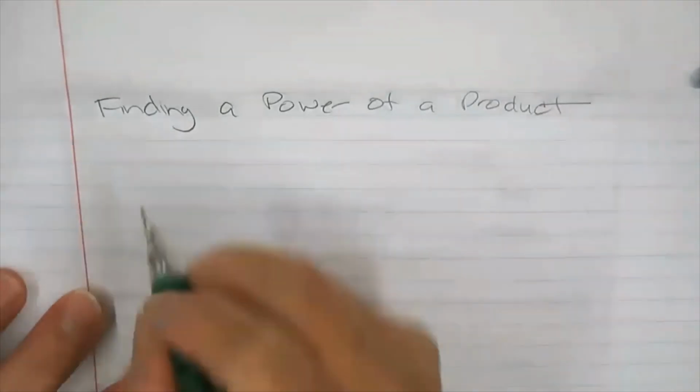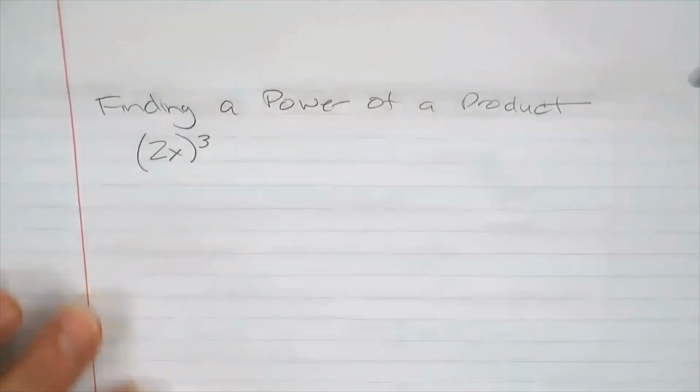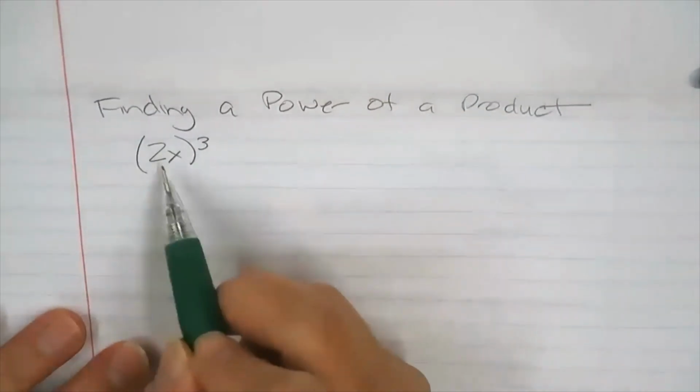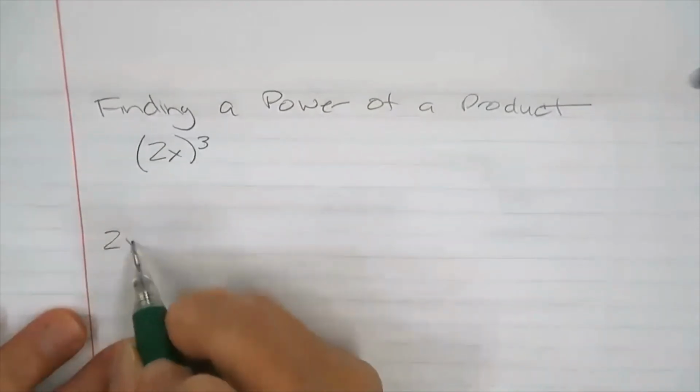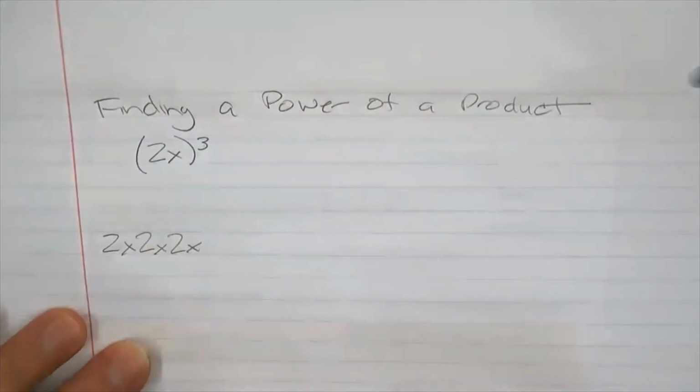So what we have is 2x to the 3rd power. So this is telling me I want 3 of these: 2x times 2x times 2x.